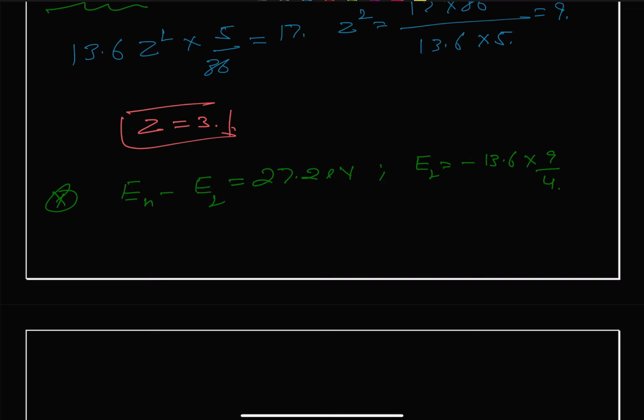So we substitute it, we get E of n equal to 27.2 plus E of 2, which is minus 13.6 into 9 divided by 4.